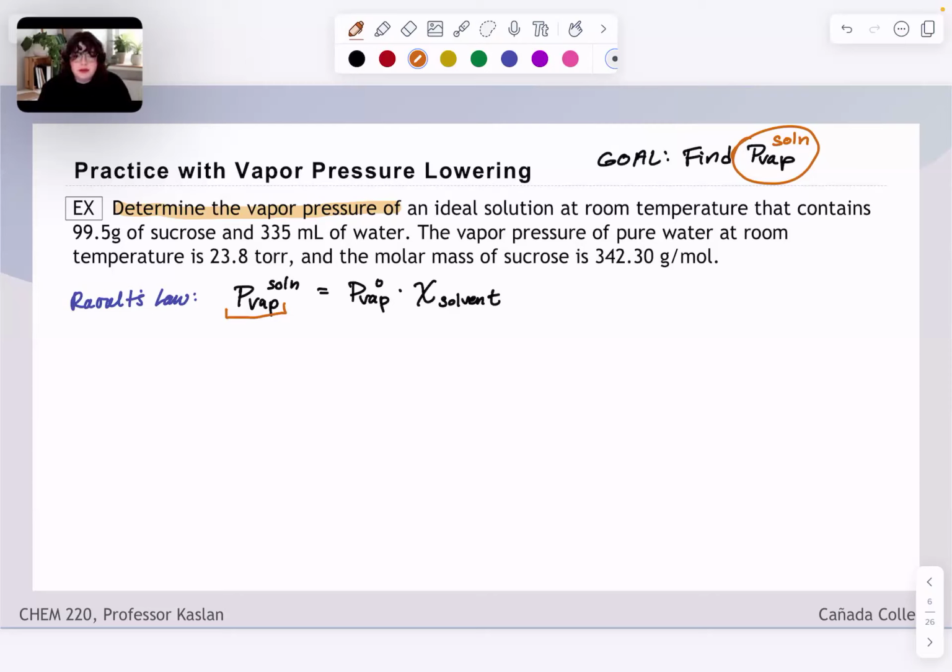So let's look at this question. Determine the vapor pressure of an ideal solution at room temperature that contains, okay, this is where we get information about our components. So this contains 99.5 grams of sucrose and 335 milliliters of water. Let's see if we can identify some information that's given to us about each of these components.